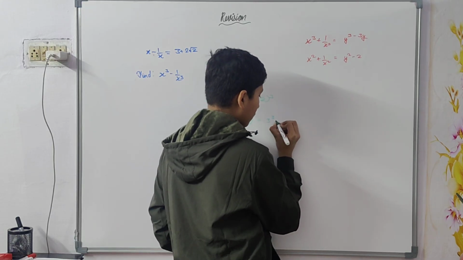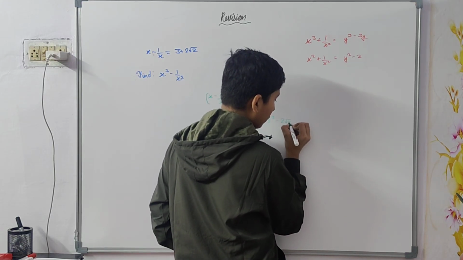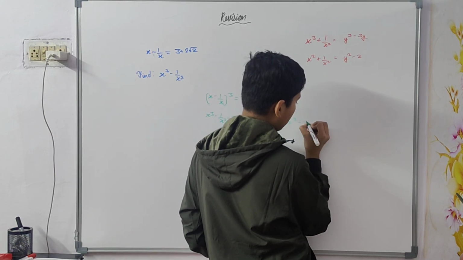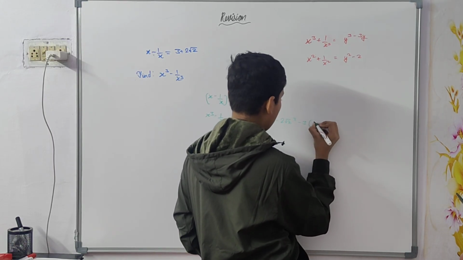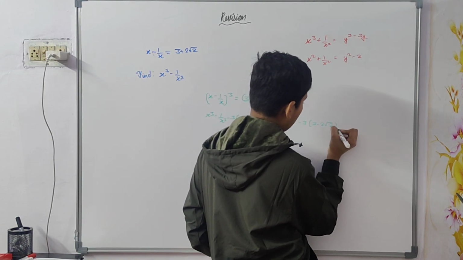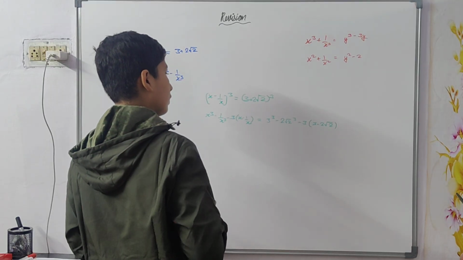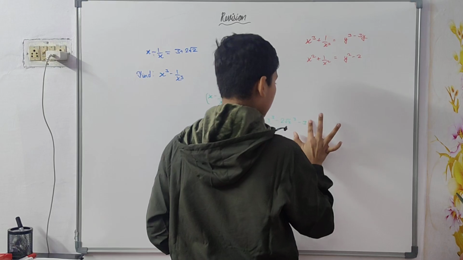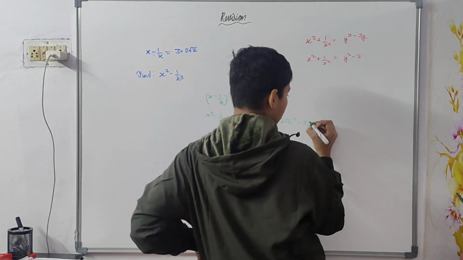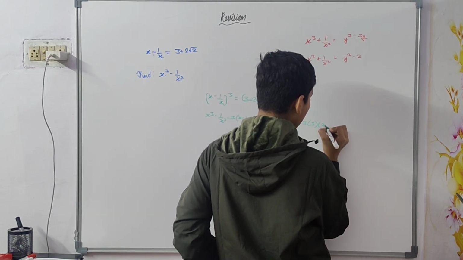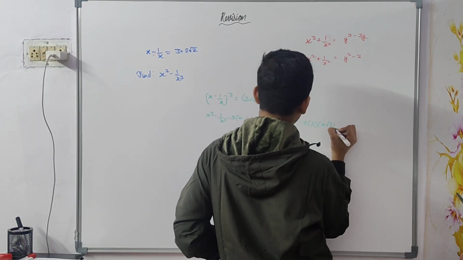3 cube minus 2 root 2 cube minus 3 into 3 into 2 root 2.